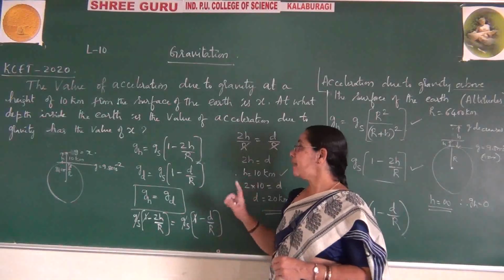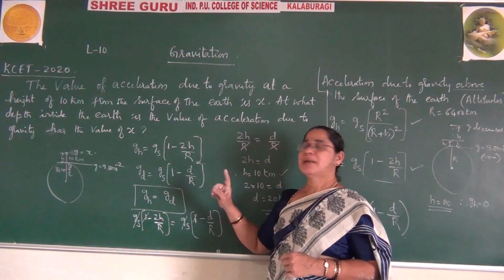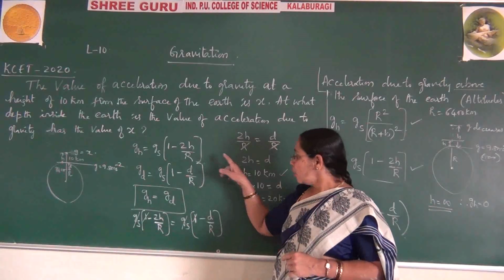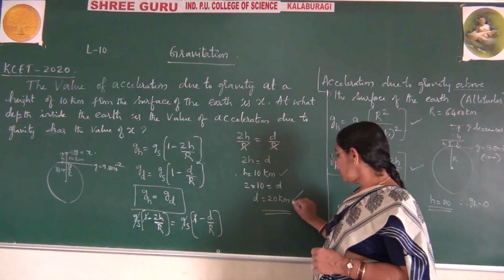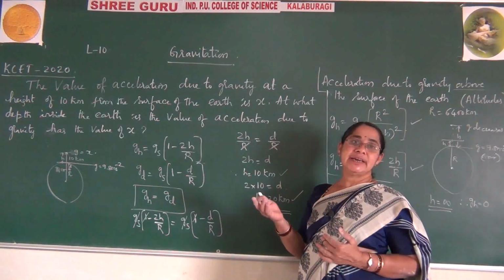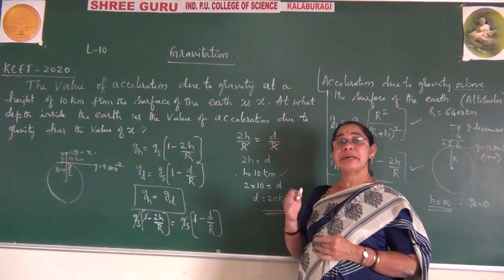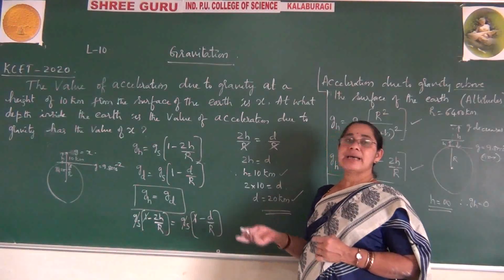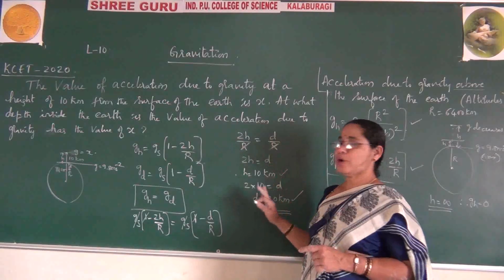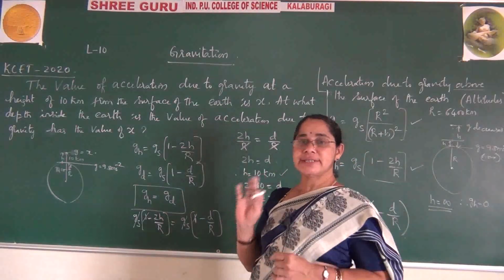Please be aware, it is a simple question, but here two formulas are used, and in that you are also learning one more very good concept. As you go to high altitudes, g decreases rapidly, steeply, as compared to depth.